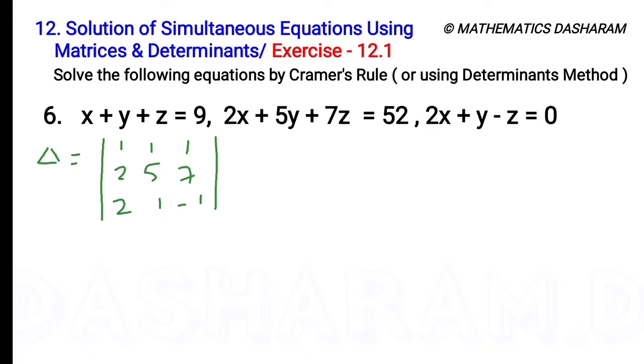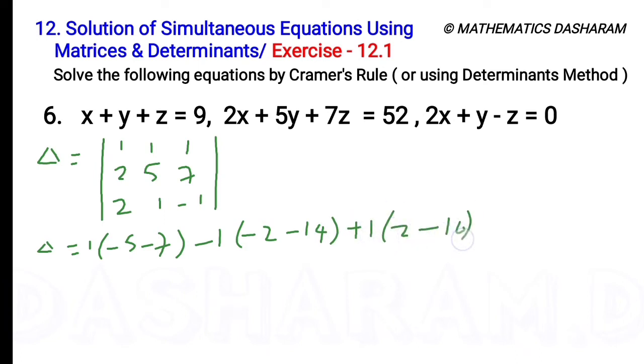Let's find the delta value, that is the determinant. Expand along the first row: 1 into bracket of 5 into minus 1 is minus 5, minus 7 into 1 is 7. Next, minus 1 into 2 into minus 1 is minus 2, minus 7 twos are 14. Next, plus 1 into 2 into 1 is 2, 5 into 2 is 10.